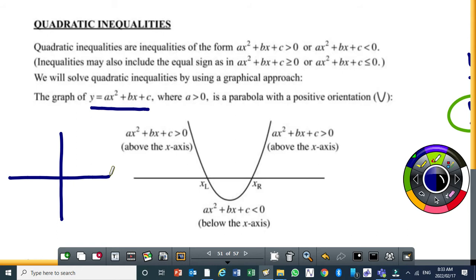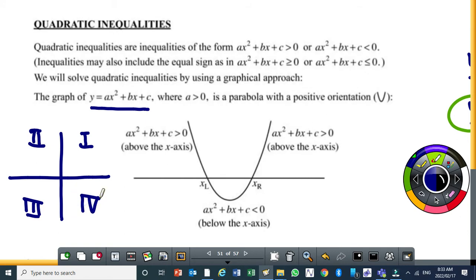I hope you agree with me that in the first quadrant and the second, y is what? Positive. Okay? Then in the third quadrant, y is what? Negative. In the fourth quadrant, y is negative.